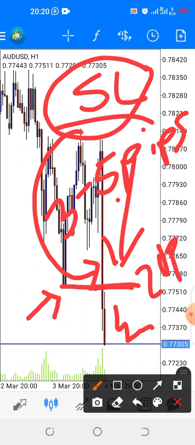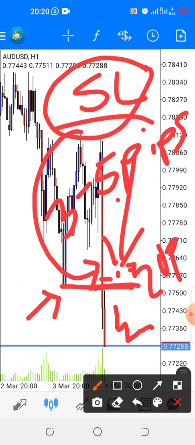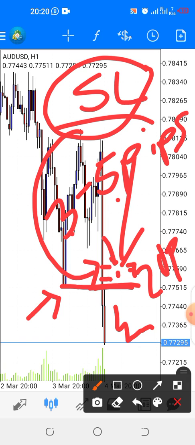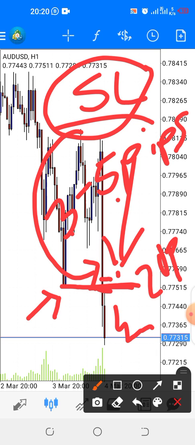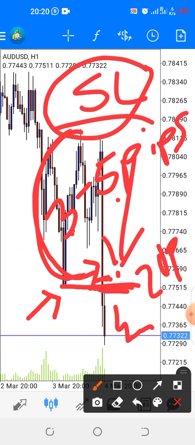So 3 to 5 is a range of maybe 17 pips to 15 pips. That's where you're going to lock, at 15. When it's at 20 pips in profit, you shift your stop loss and lock it at around 17 pips or at 15.